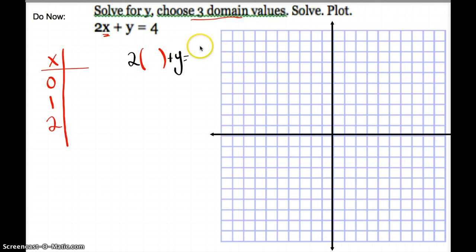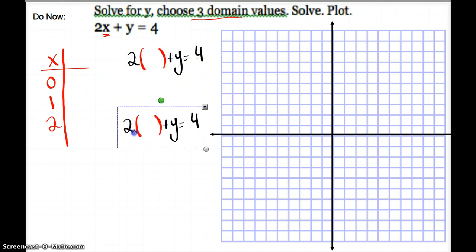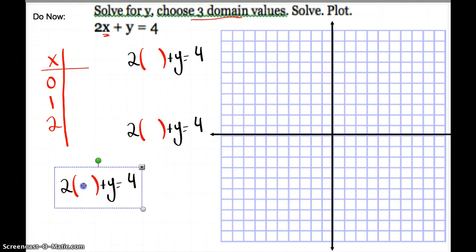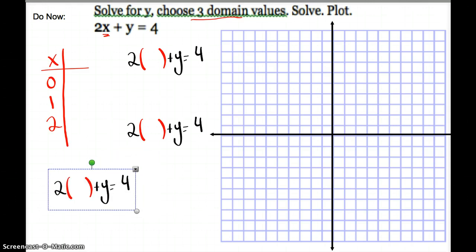And I'm going to solve each one. So I need to solve it 3 times. Once with the 0, once with the 1, and once with the 2.